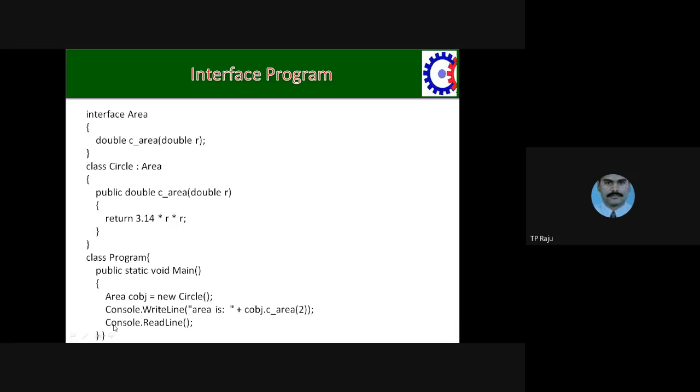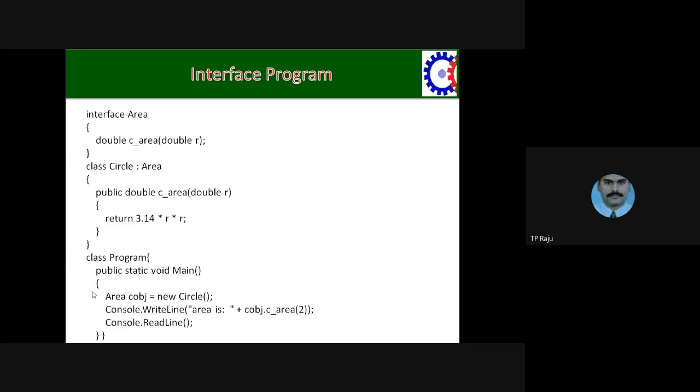Then in the main method, we are creating an object of the class. See here, new circle of, you are calling the constructor of circle, means you are creating an object of the circle class. But in front of that equal to, you are writing an area type variable c obj, means the parent variable can hold the child address.